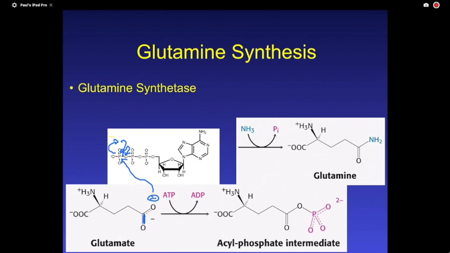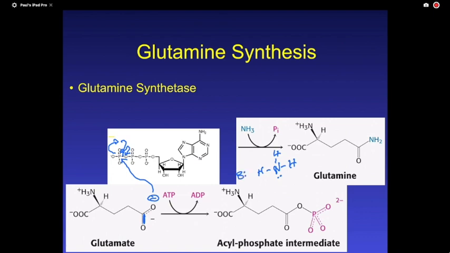Now what will attack it? If I take a look at my inventory, here carbon is bound to oxygen, and here this carbonyl is bound to a nitrogen. So I've got to get my ammonia. Also, here 2 hydrogens, here 3 hydrogens. So I am going to use a base in this case.